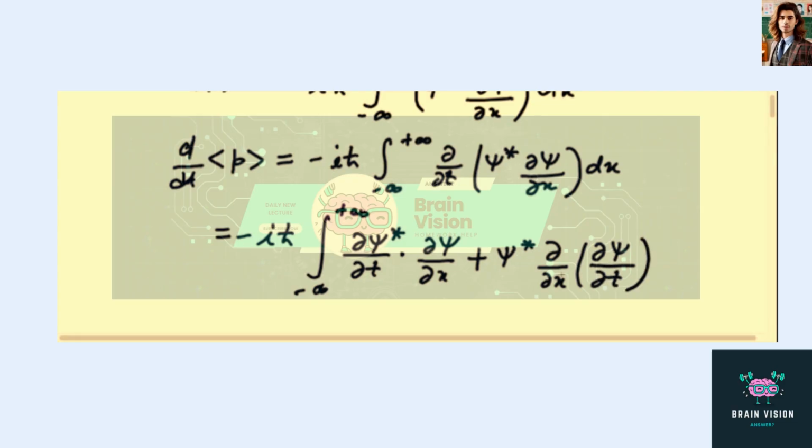The derivatives are interchanged because it is the time derivative here and here, and the whole integration is with respect to dx.